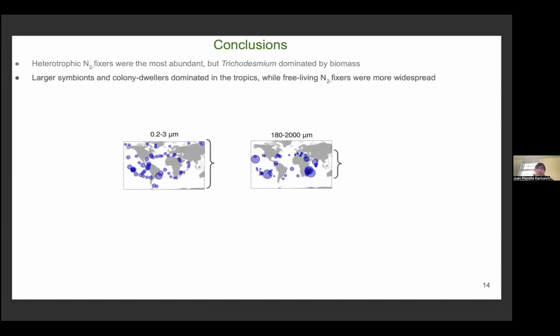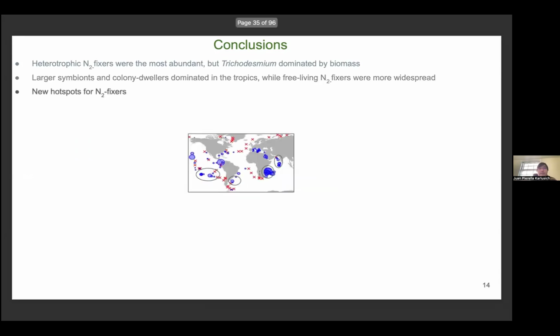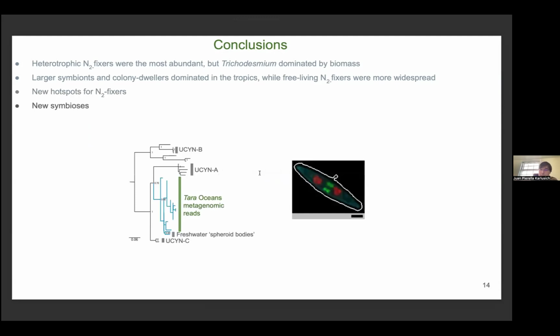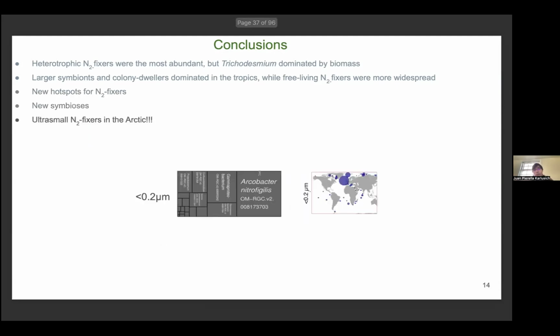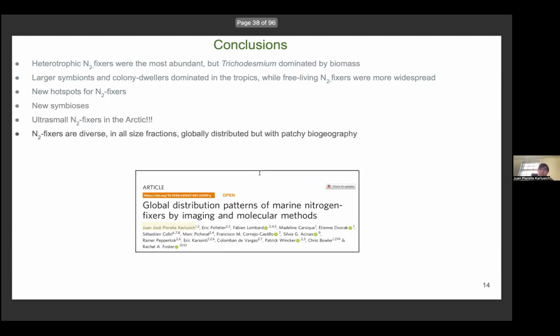Larger symbionts dominated the tropics, while those free living tend to be more widespread. We detected new areas that are hotspots for nitrogen fixers, and also we suggest the presence of new symbiosis. And also we suggest the presence of ultra-small nitrogen fixers in the Arctic, which is very interesting to continue studying. But all in all, nitrogen fixers are diverse in all size fractions, globally distributed, but with a patchy biogeography.